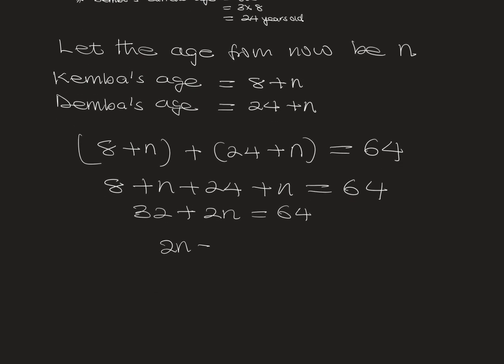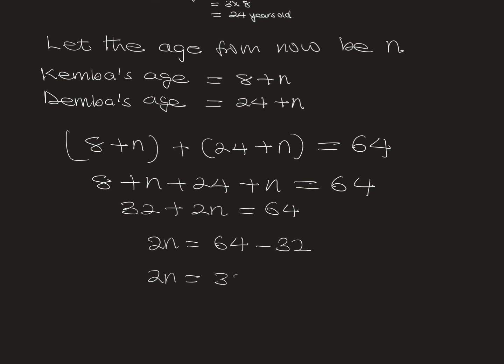So 2n is equal to 64 minus 32. 2n is equal to 32. So to find n, divide both sides by 2. N is equal to 16 years. So it means 16 years from now, the sum of their ages will be 64.